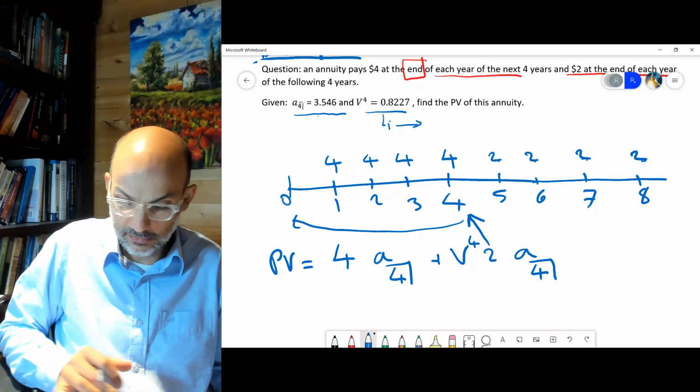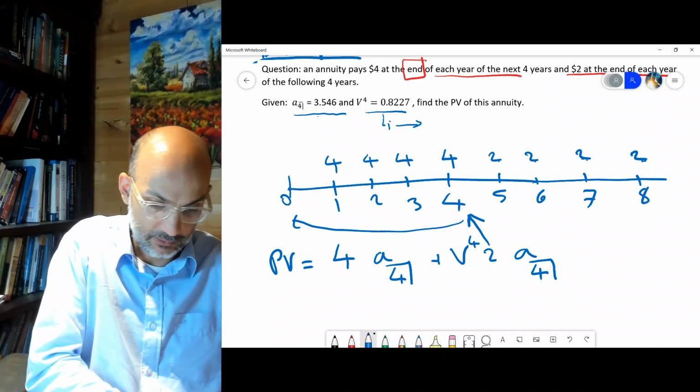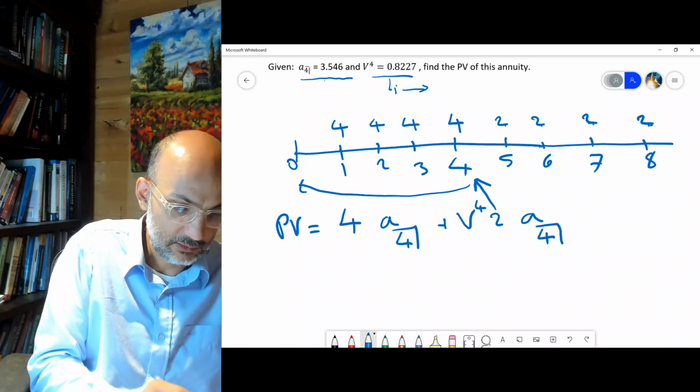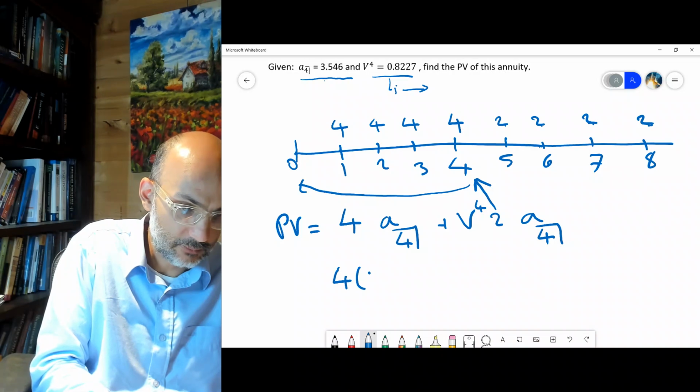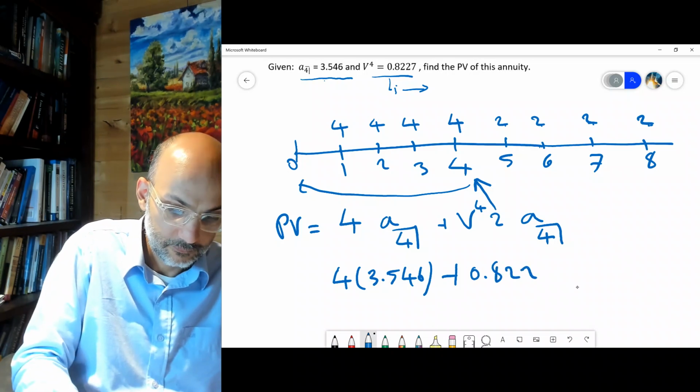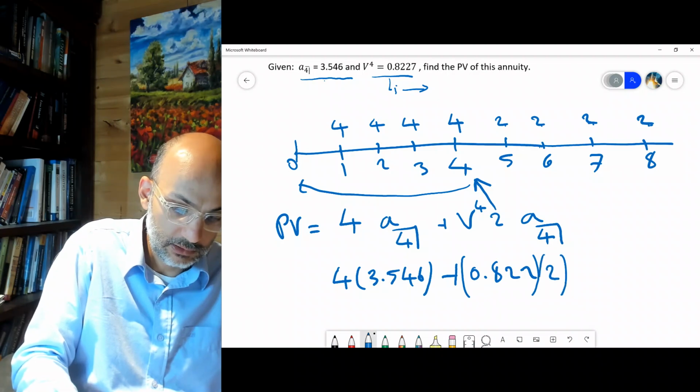Let's use a calculator. So you have 4 times 3.546 plus 0.8227 multiplied by 2, multiplied by the same 3.546.